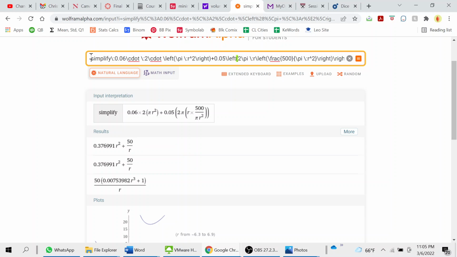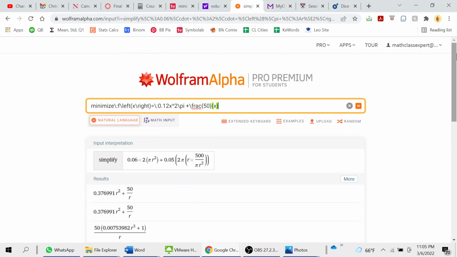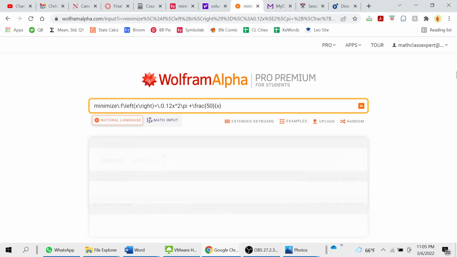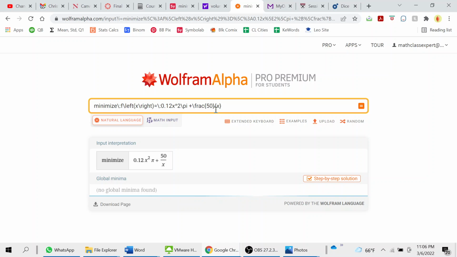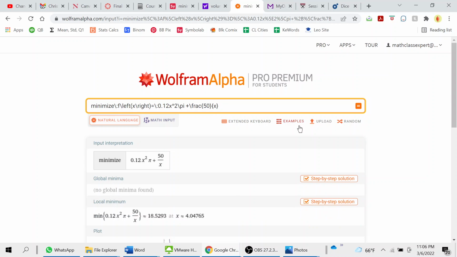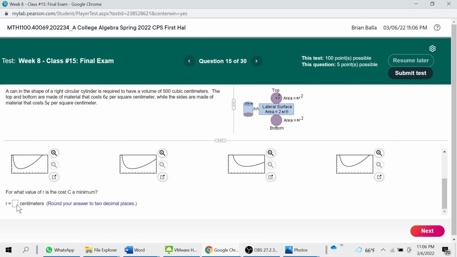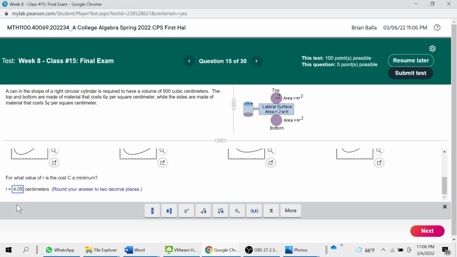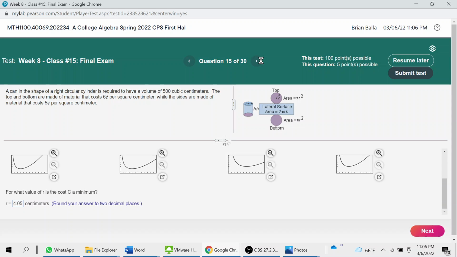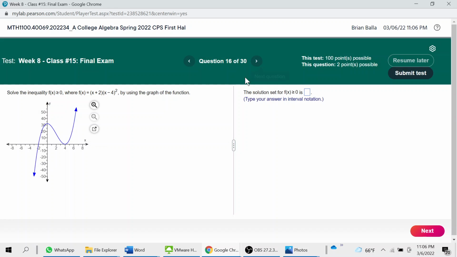When I put it in the Wolfram Alpha search, it looks like computer science gibberish. But okay, local minimum: x equals 4.05. So the radius is 4.05. Okay, so we're halfway done.